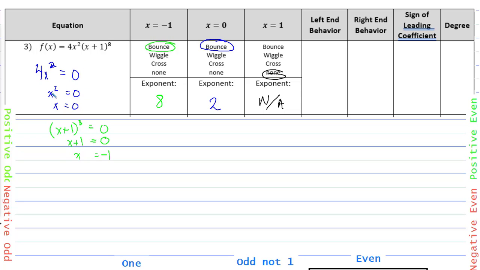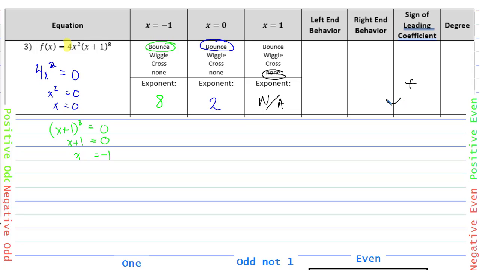So now, we're going to take our leading coefficient, which is 4, and the sign of our leading coefficient is negative, or is positive, excuse me.